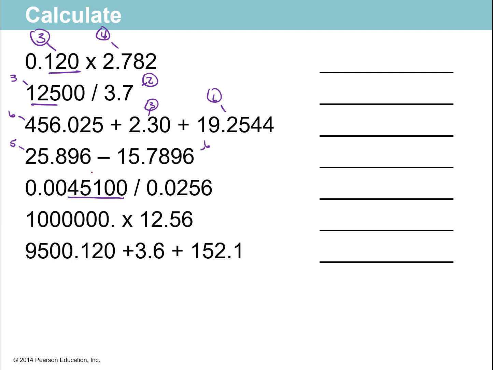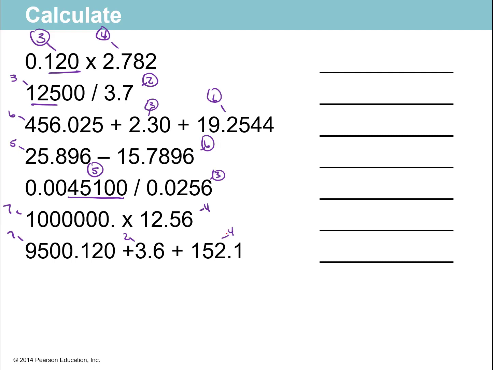So it's these. And then 0.0256, 3. A million with the decimal place, 7. And then 12.56, 4. 9,500.120, 7. 3.6, and then 152.1, 4.